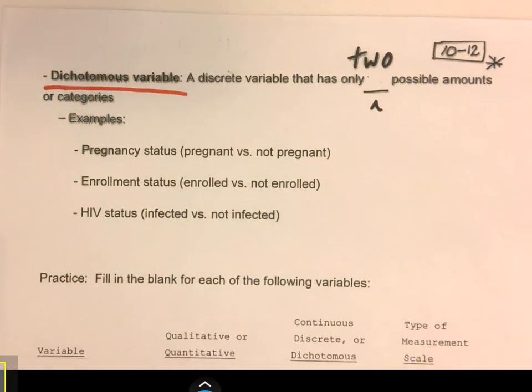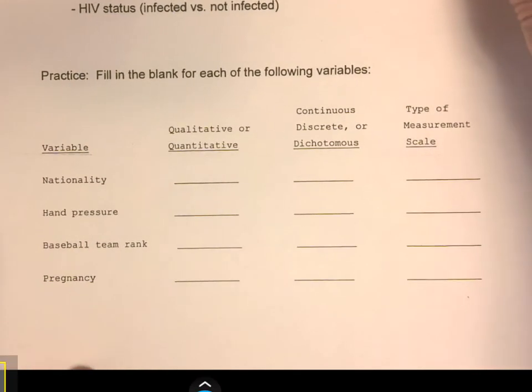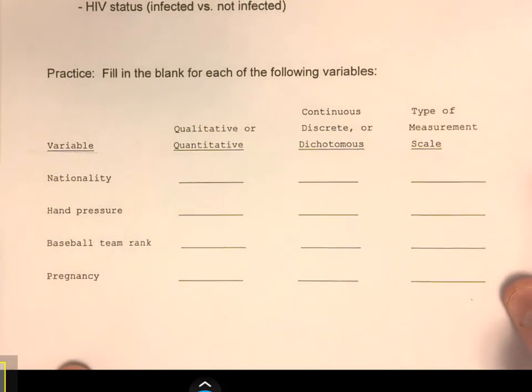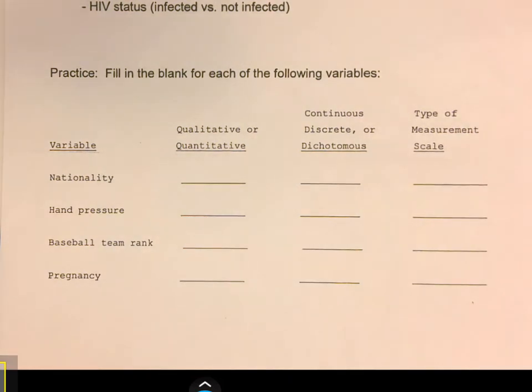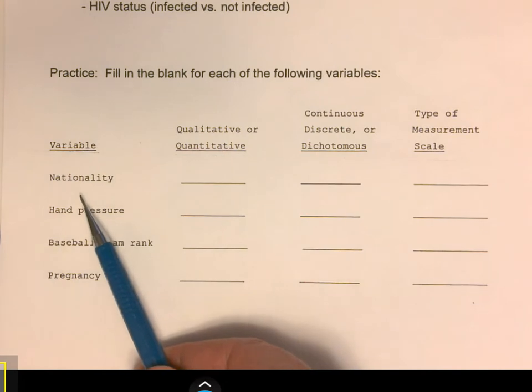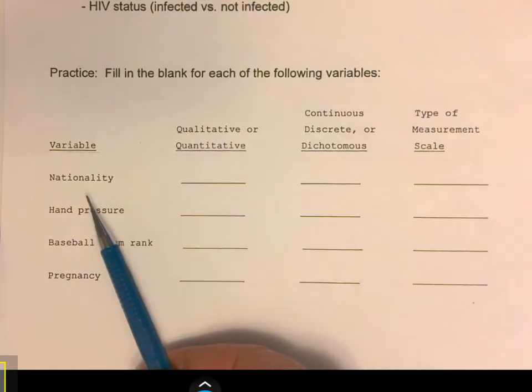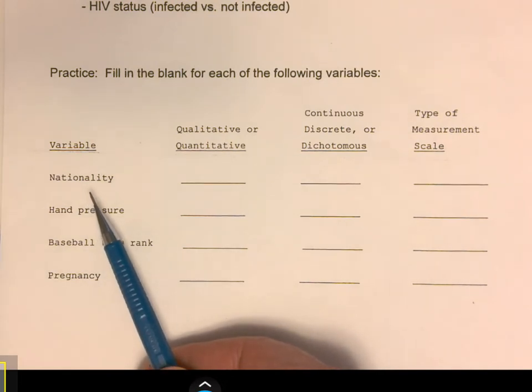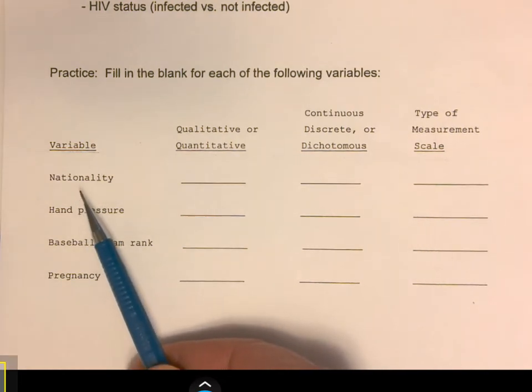At the bottom of page 10-12, I have a little practice exercise for those of you that want to rehearse these skills that you've just learned. I give you variables like nationality. People born in Canada versus people born in England versus people born in Spain. Let's see how we can classify it.